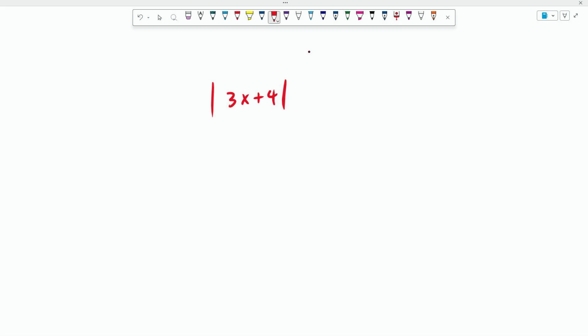We'll make it a little bit complicated. Here we don't have just x, but it doesn't really matter. The shortcut is to make a two-for-one compound inequality. So we go 3x plus 4 less than or equal to 10.